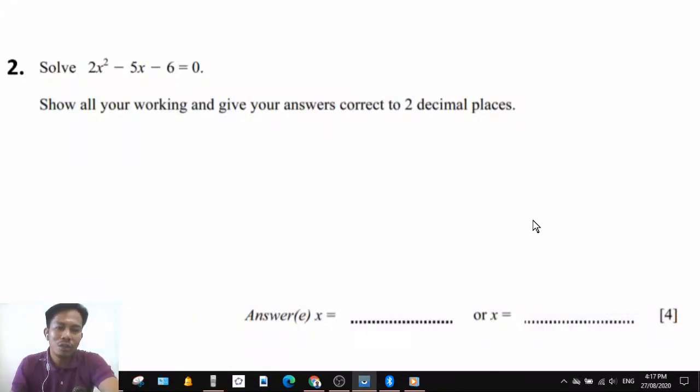You have to use a formula. And what is that formula? We call this formula the quadratic formula.